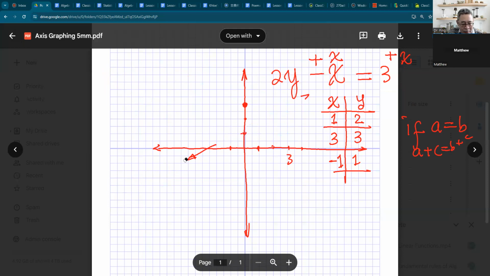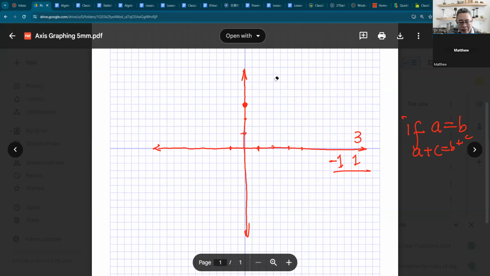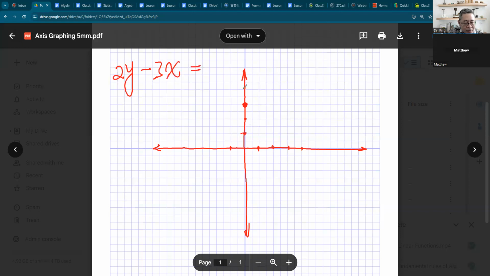Okay, let's try a couple more here. We got say 2y minus 3x equals 1. So we're gonna make an xy table. Now this is x, this is y. So x is called the independent variable.